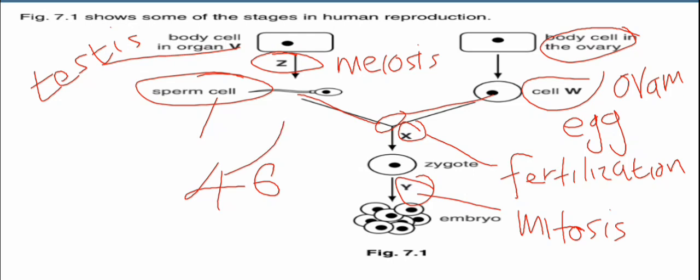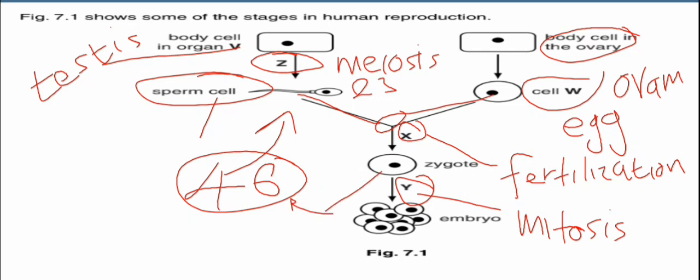Meaning the sperm is going to contain half of this total number. Half of this total number is just 23. So the sperm contains 23 chromosomes. Then the zygote is going to contain 46 chromosomes, because this zygote now contains the body cells, which are also known as the somatic cells.